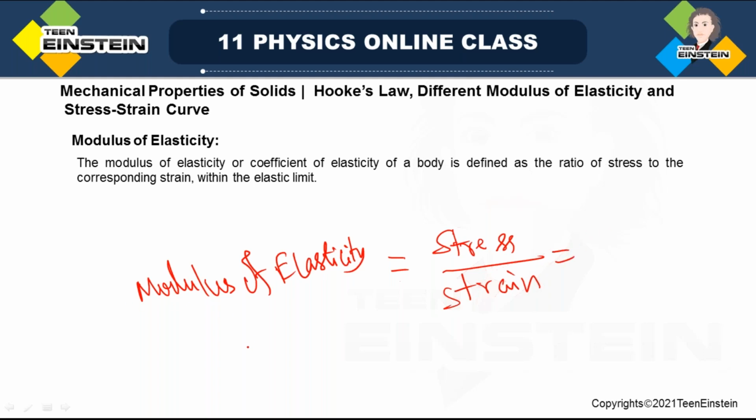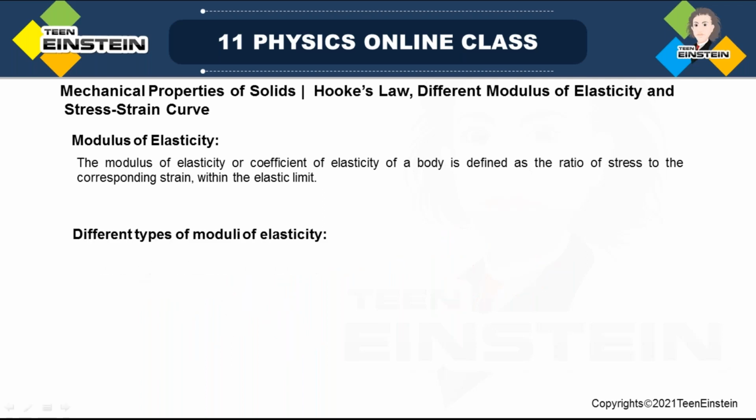So the modulus of elasticity will have dimension ML to the power minus 1 T to the power minus 2. This is the unit of modulus of elasticity, and this is the same for all the moduli of elasticity. So we'll now discuss various types of modulus of elasticity.